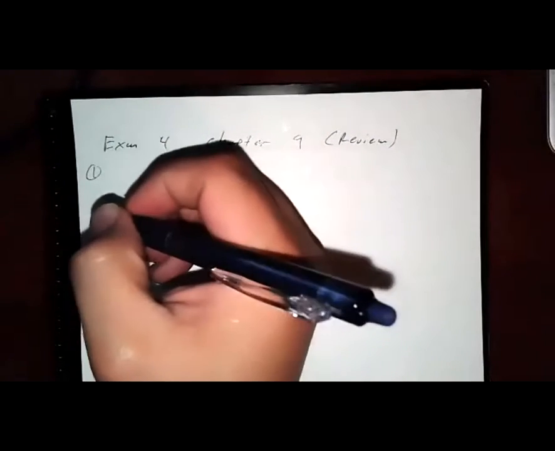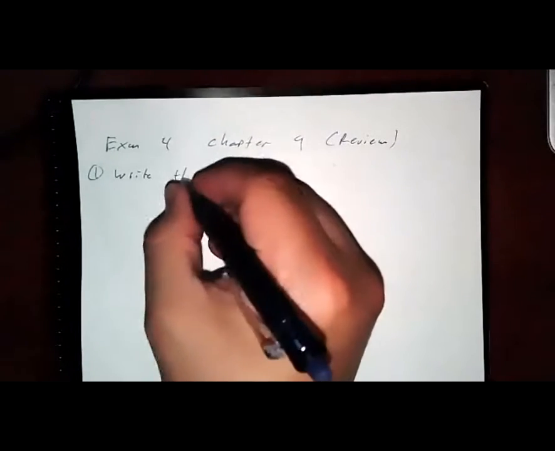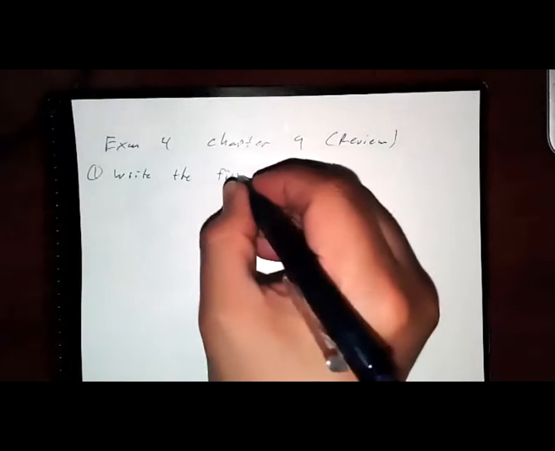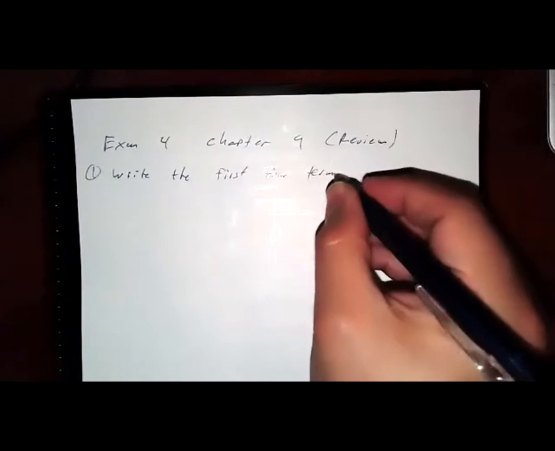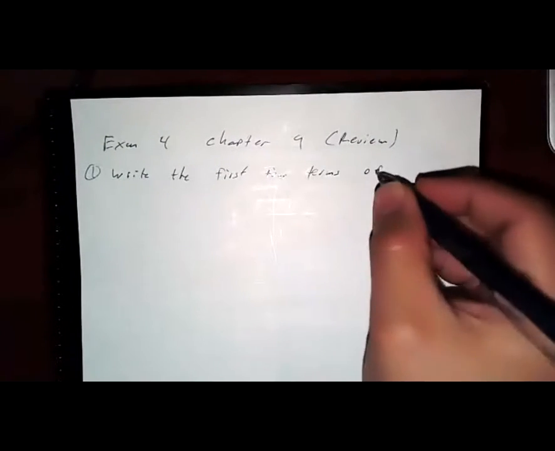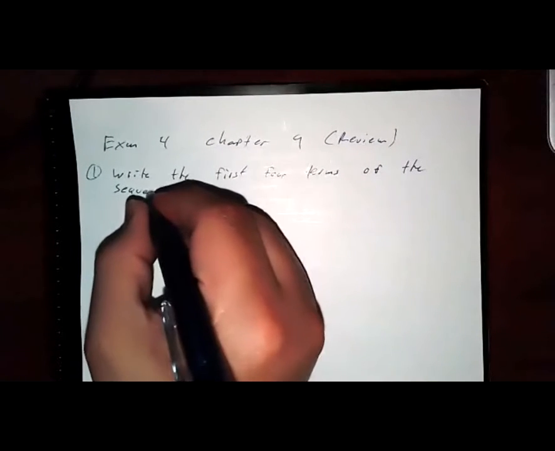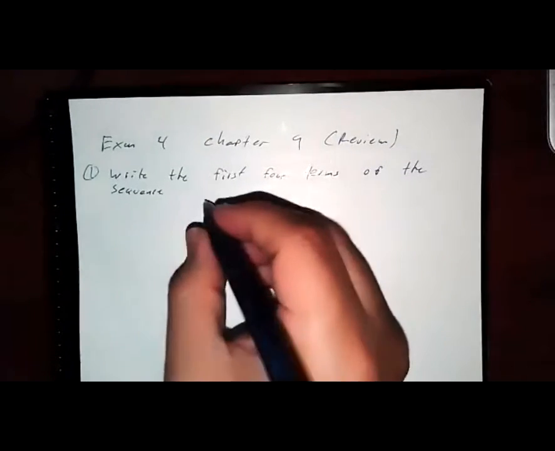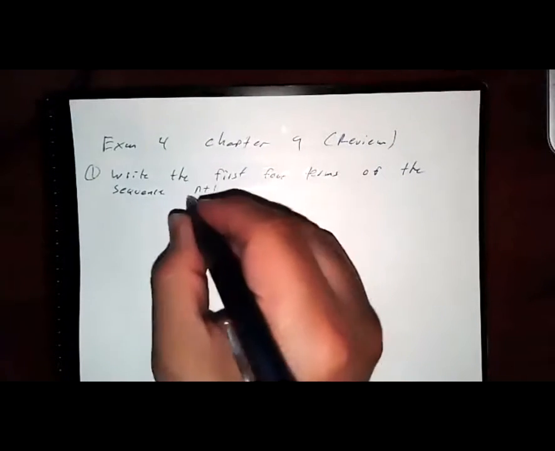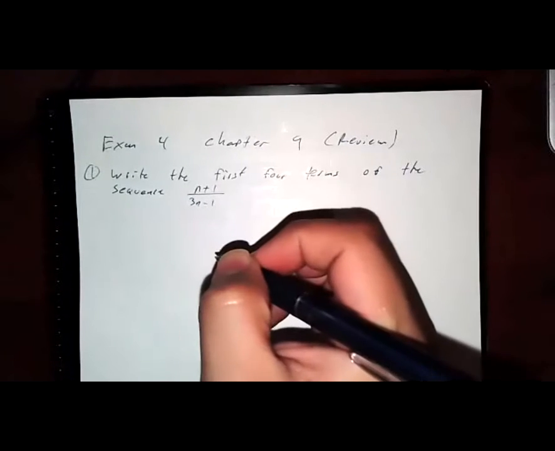Number 1 is pretty basic. Write the first four terms of the sequence (n plus 1) over (3n minus 1).